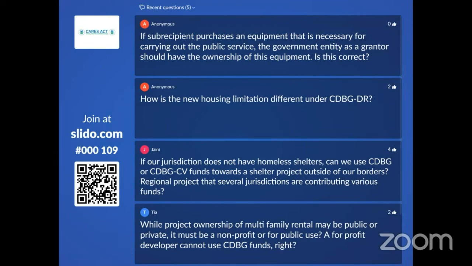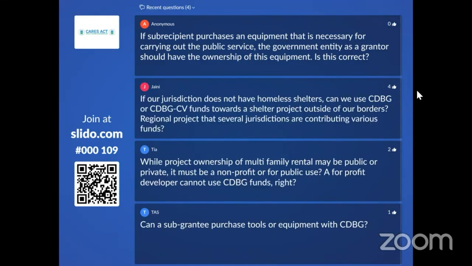If a sub purchased equipment necessary to carry out the activity, the government entity is to share the ownership. The Part 200 regulations govern equipment and how it's to be treated. It can return the equipment to the grantee once it's finished, or the grantee may allow it to keep it if it pays the current market value of the item.